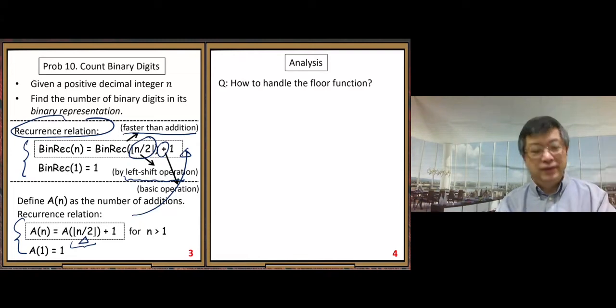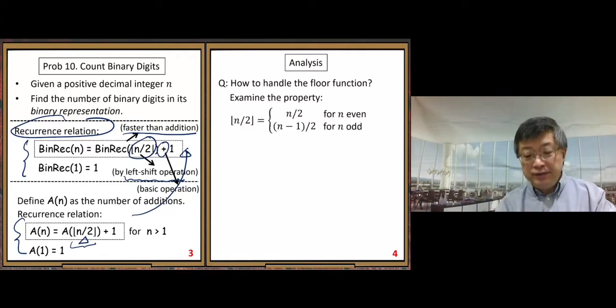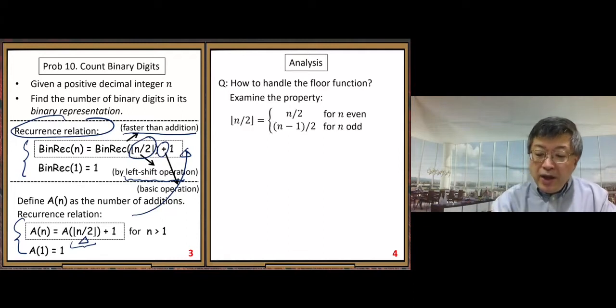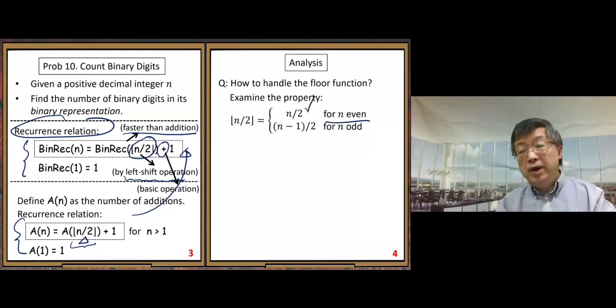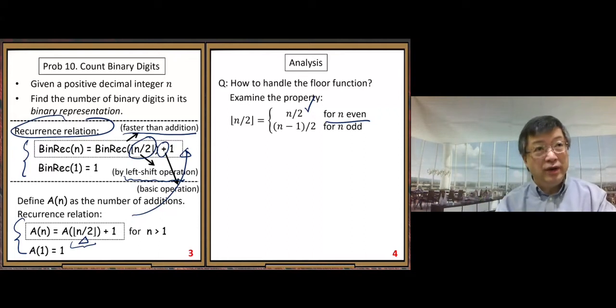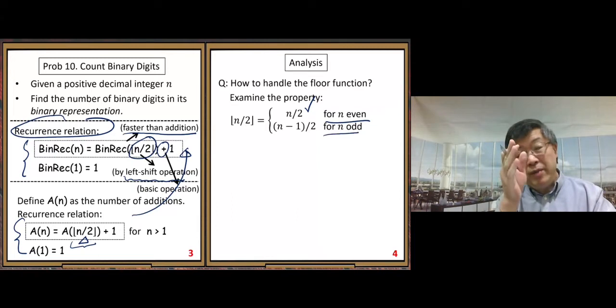So here we notice that. Look at the property here. When n is even, no remainder drop. Well, n over 2. That's pretty straightforward. But when n is odd, we need to drop some remainder.